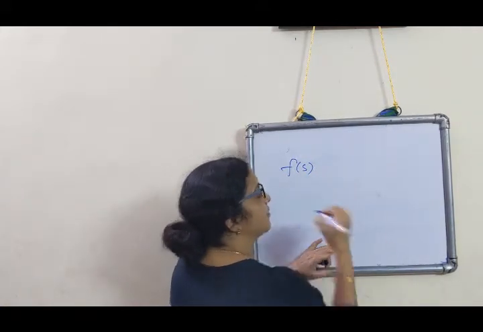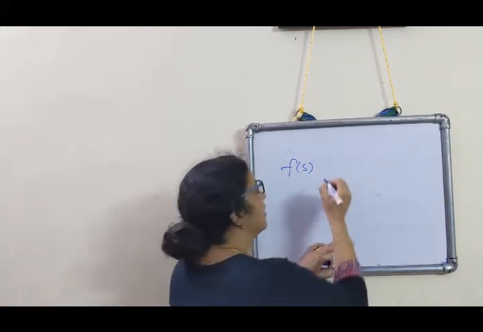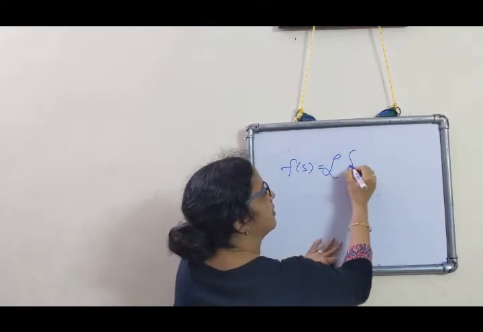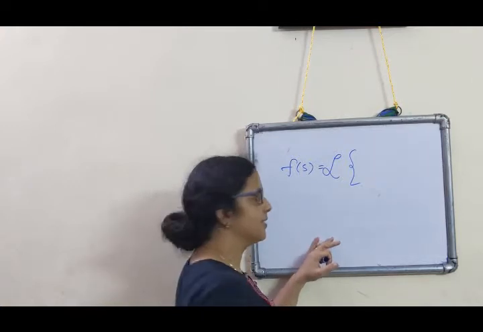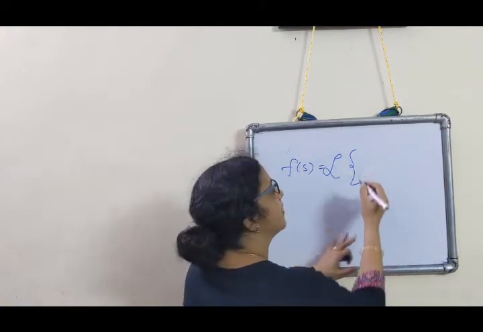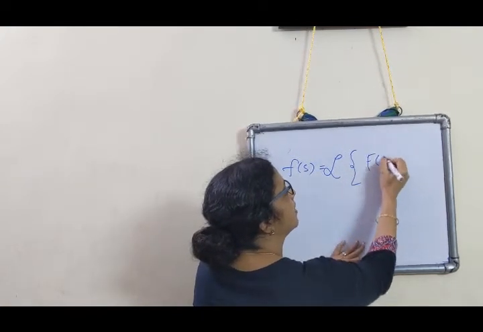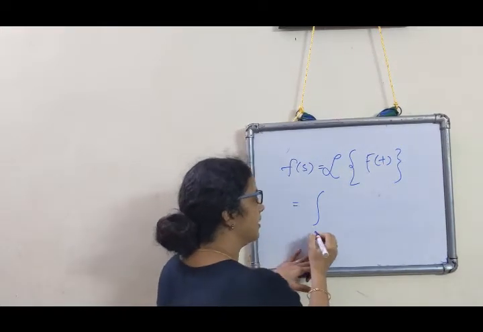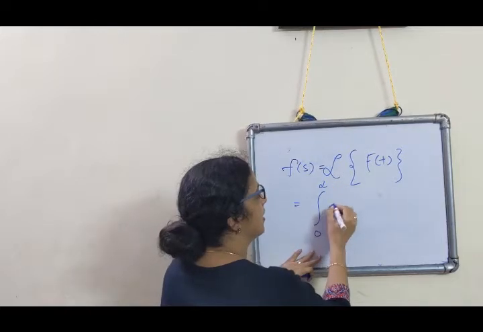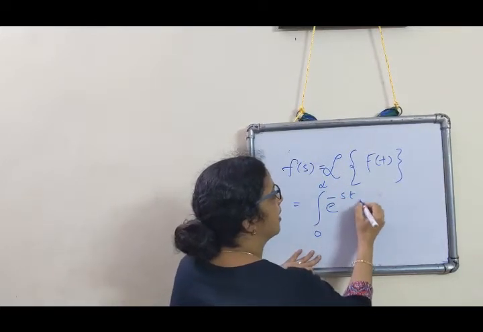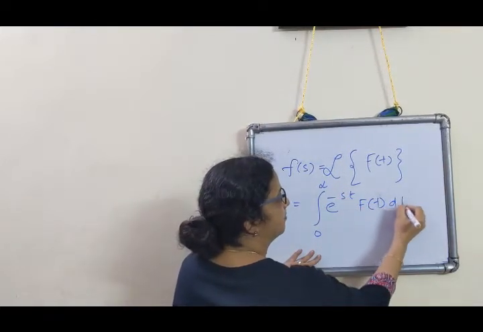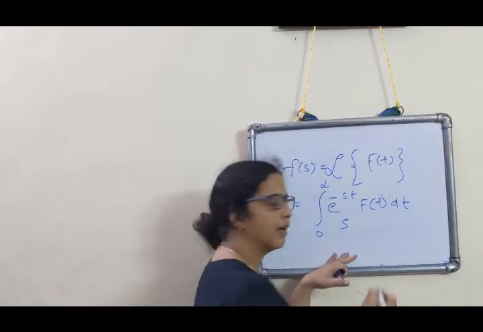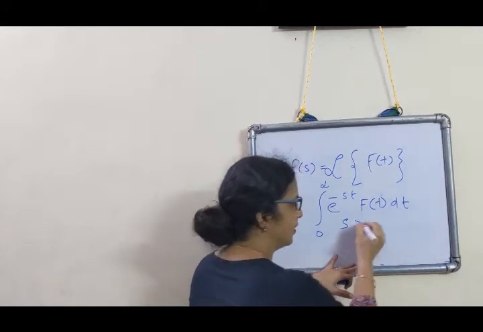This is the Laplace transform of the function f of t and is notated as L, braces, f of t, which is equal to the integral from 0 to infinity of e raised to minus st f of t dt, where s is a real number and it should be greater than or equal to 0.